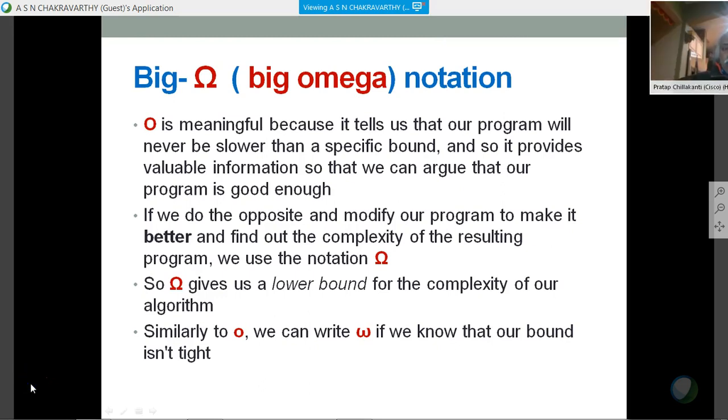Worst case, upper bound, the omega gives you the lower. Now, just like big O has a small o, big omega has a small omega, shown like the w symbol, right? We call it small omega. Because we talked about tight bound.